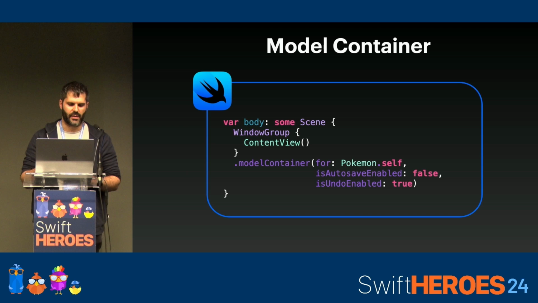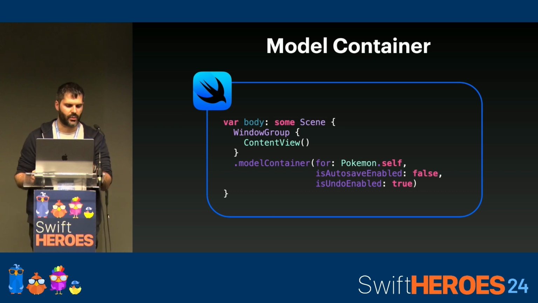If you don't want this behavior, you can specify false for this parameter. While if you want to apply undo and redo behaviors in your application, you can set this undo enabled parameter to true. So in this case, your application will work with, for example, shaking the phone to undo the changes, or with the three-finger swipe from left to right.